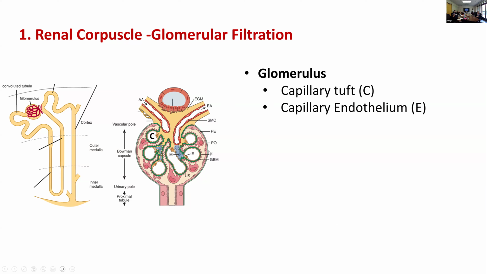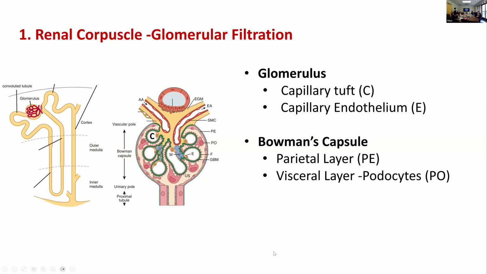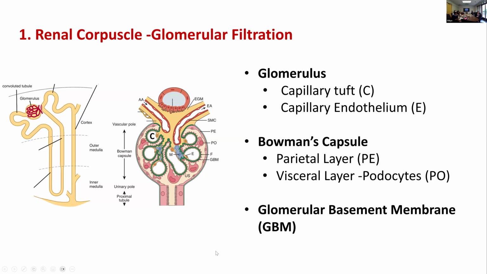And the glomerulus comprises the capillary tuft, and it has a capillary endothelium. And then we have this Bowman capsule, and the Bowman capsule has the parietal epithelium, and also we have podocytes. They are in close contact with the capillary tuft. And then we have a glomerular basement membrane, you see here.